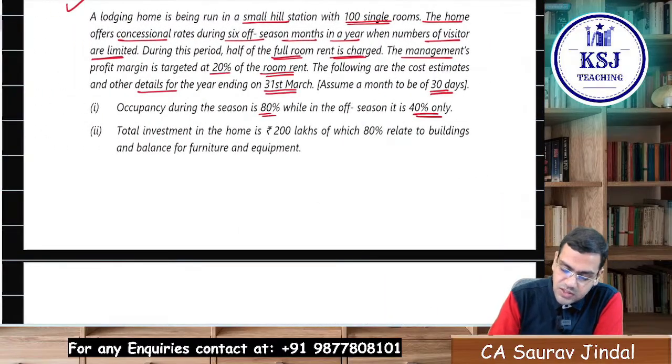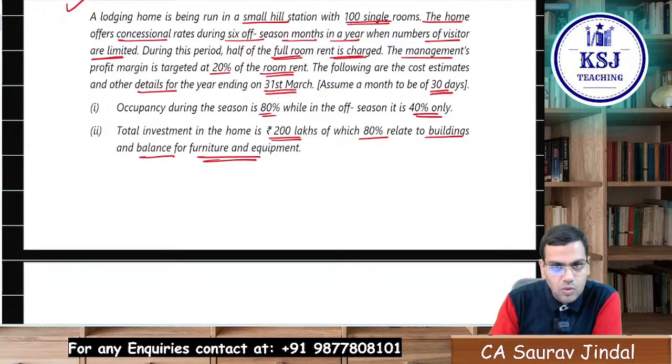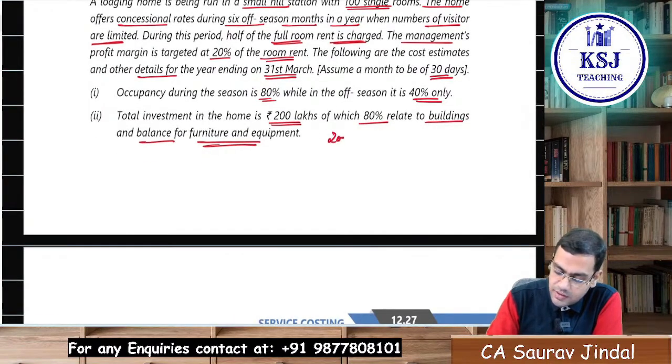The total investment in the home is 200 lakhs, of which 80% relates to the buildings and the balance to furniture and equipment. So out of this 200 lakhs, 80% and 20%, that is 160 lakh and 40 lakhs. 160 lakh is for buildings and the remaining is for furniture and equipment.